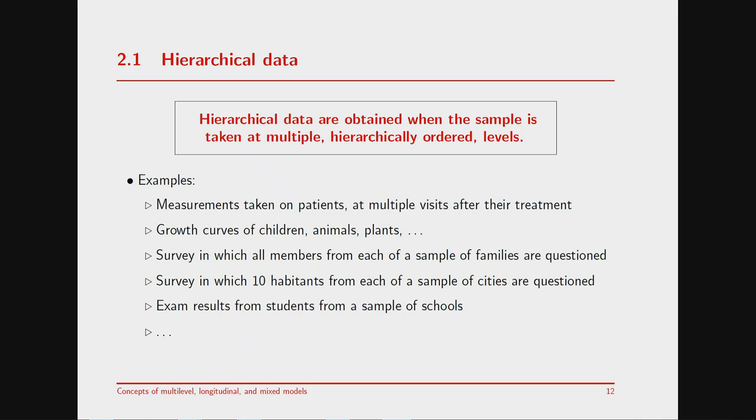Then there's a whole literature on multi-level models. There's even MLWin, that's an entire package that was written to fit multi-level models, but all it does is fitting mixed models. And these things have been developed for a long time, very independently of each other, but in the end, it's all the same thing.